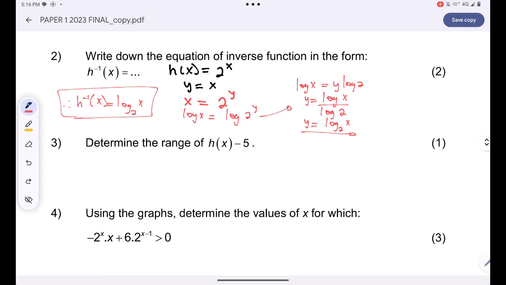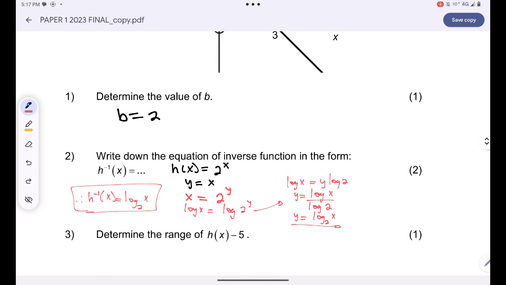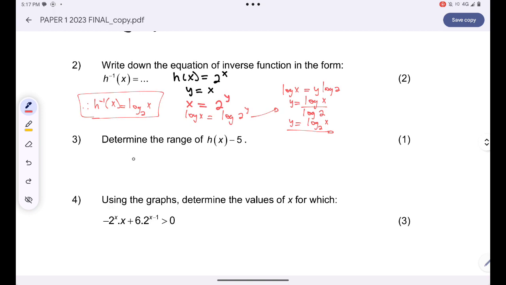Okay, and then now I'm supposed to determine the range of h of x if h of x is translated 5 units down. The range of h of x, we can see that normally h of x is just equal to 2 to the x, né? So if ever I'm translating this graph 5 units down, that means the asymptote will simply be -5. Are you together?